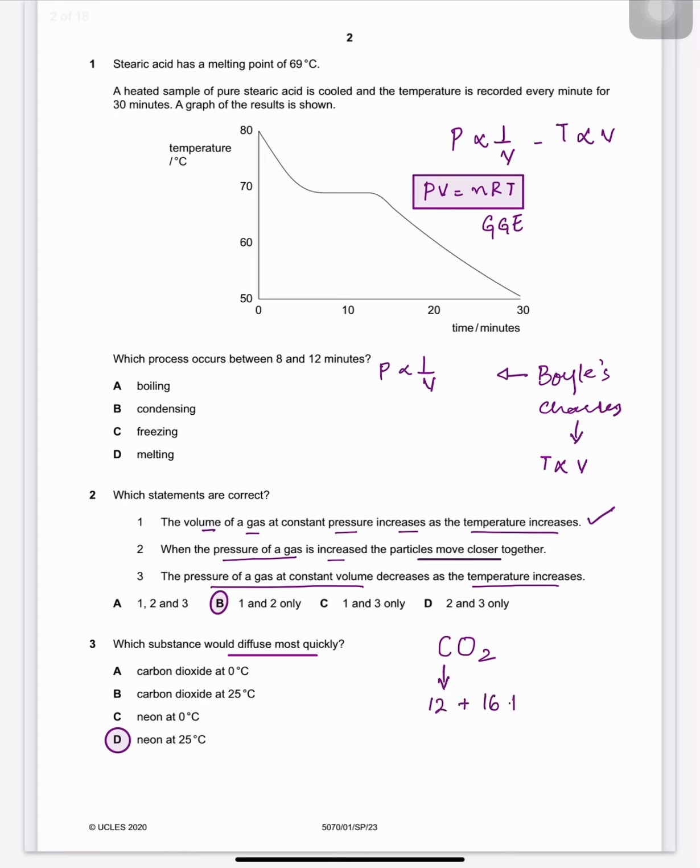As there are two oxygens, we have to write 16 two times. The relative molecular mass of carbon dioxide is 44, whereas neon's mass is 20. So neon's mass is much lesser compared to carbon dioxide, so it is very easy for it to diffuse. It will diffuse with a greater speed, and 25 degrees Celsius is a greater temperature compared to 0 degrees Celsius. So D is the right option.